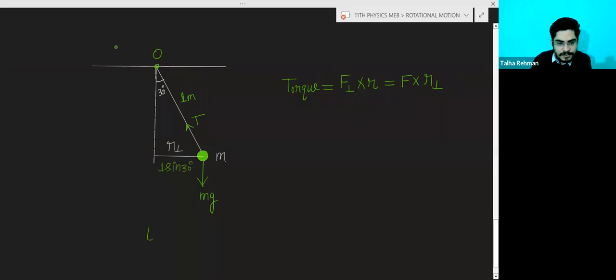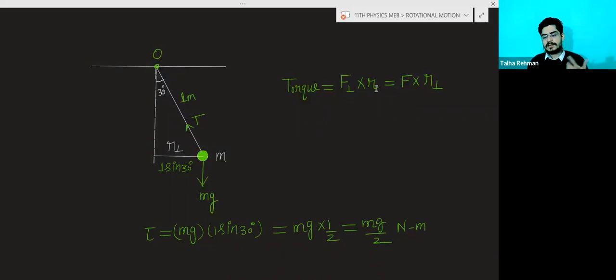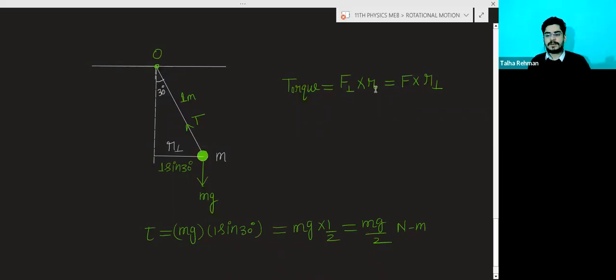Now you can find the value of the torque, that is mg into 1 sin 30. So your answer is m into g, sin 30 is 1 by 2. So the torque will be mg by 2. And what is the unit of the torque? Newton meter, because torque is force and distance, so Newton and meter.